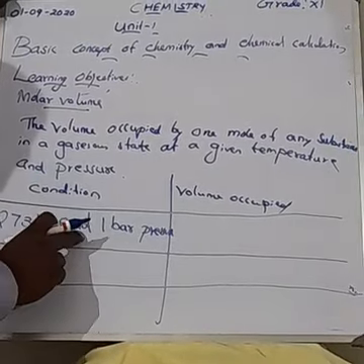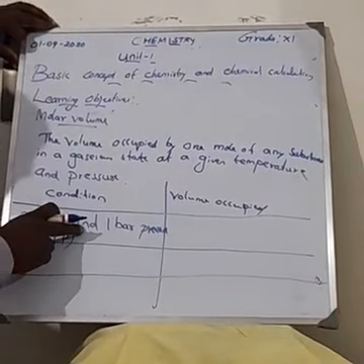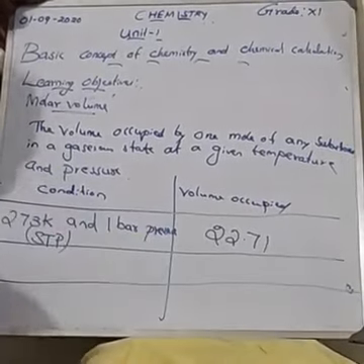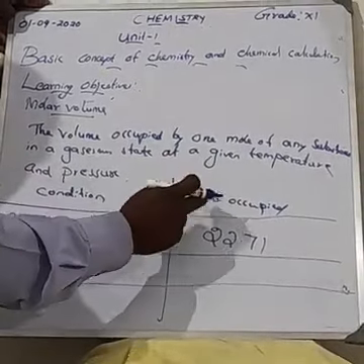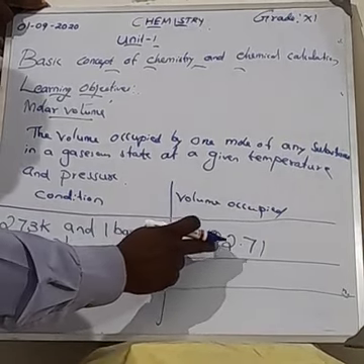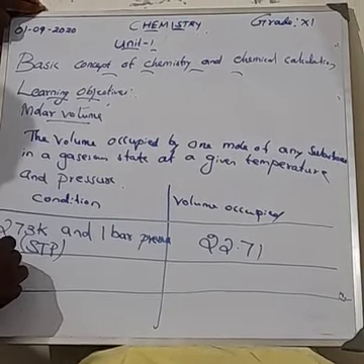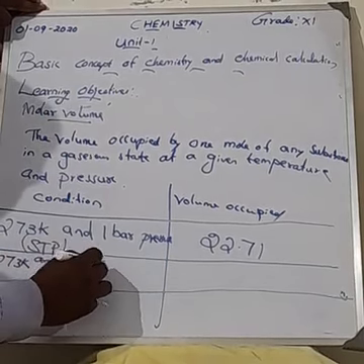That is STP, standard temperature and pressure. The volume occupied by 1 mole of any substance in the gaseous state at 273 Kelvin and 1 bar pressure is 22.71.